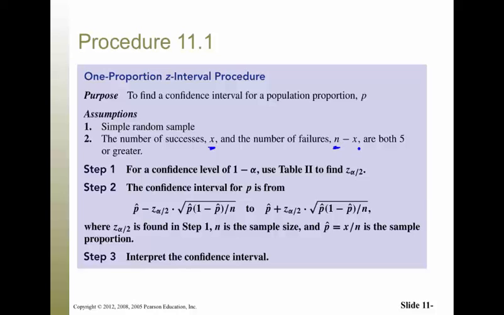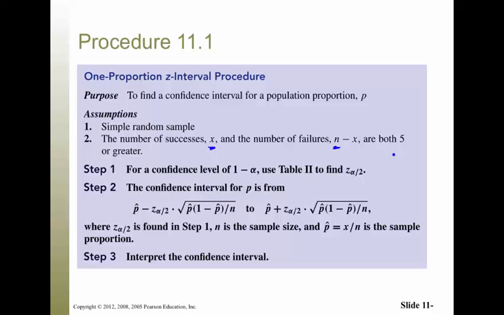And n minus x would be everybody else. Both of those numbers have to be 5 or greater. So 5 people or more have to be in both categories, those that meet the condition and those that don't.